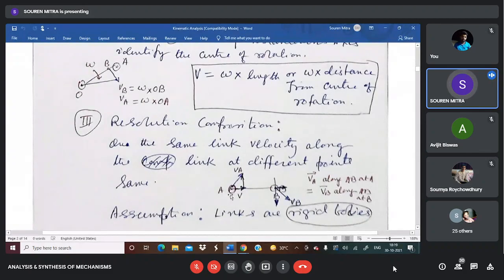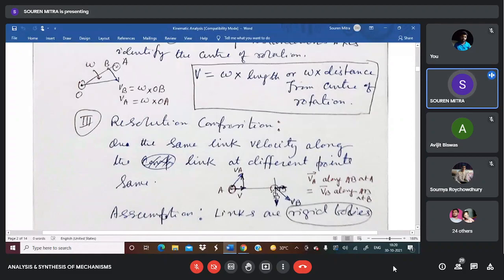One along the link, and the other one perpendicular to the link. Okay. So we resolve it. So this is the velocity. We resolve it. So this is the axial component of velocity. This is the perpendicular component of the velocity.